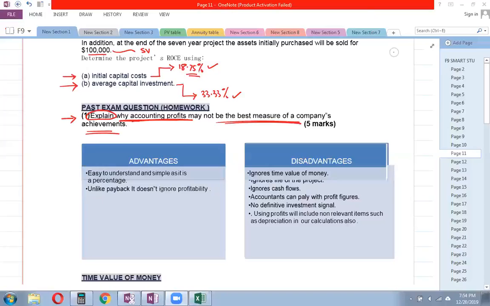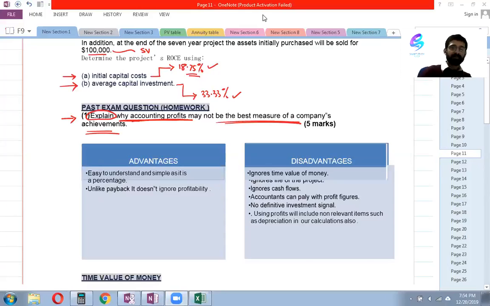Anyone? So yes, the two main factors are, first of all, that the accounting profits could be manipulated, right? As we said before, it includes non-cash flow items such as depreciation or amortization. It depends on revenue, and revenue is not exactly cash flow, right?